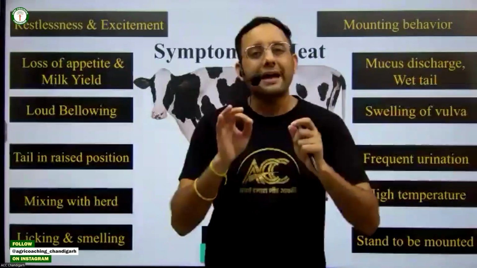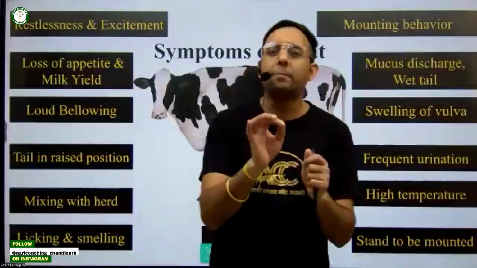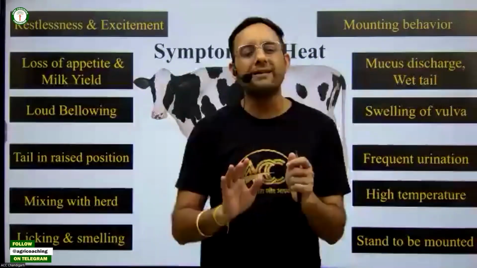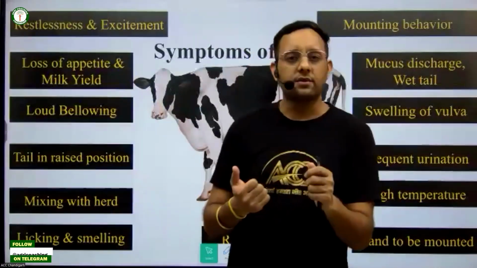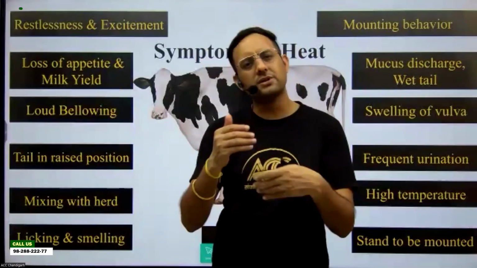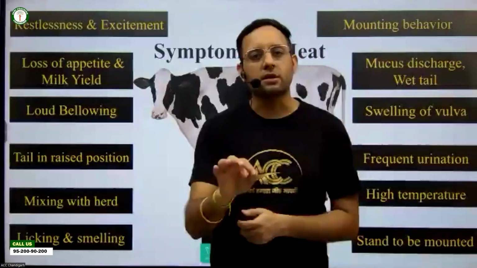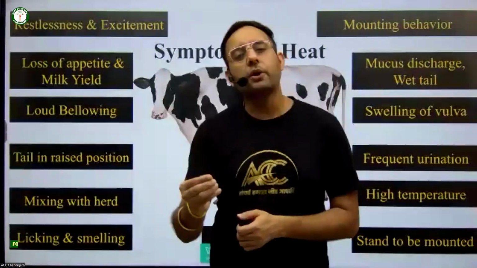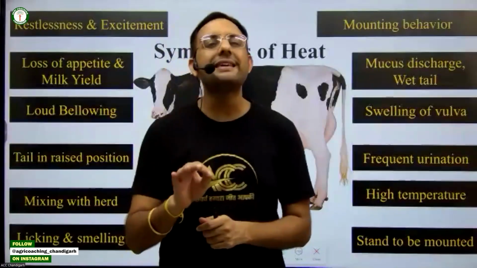Progesterone hormone is secreted by a temporary structure. That's not a permanent structure. It's a temporary structure which develops during the estrus cycle. I will tell you what is estrus cycle. Today we will start this topic, but I'm just trying to give you the basics. So there is a temporary structure which is responsible to produce progesterone hormone, and that temporary structure is CL.